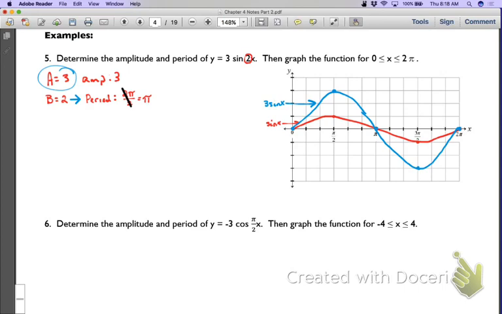Whereas here, whenever we actually take the period and we shorten everything. So normally we would go at 0, we would go at pi, and we would go at 2 pi as far as my zeros are concerned.